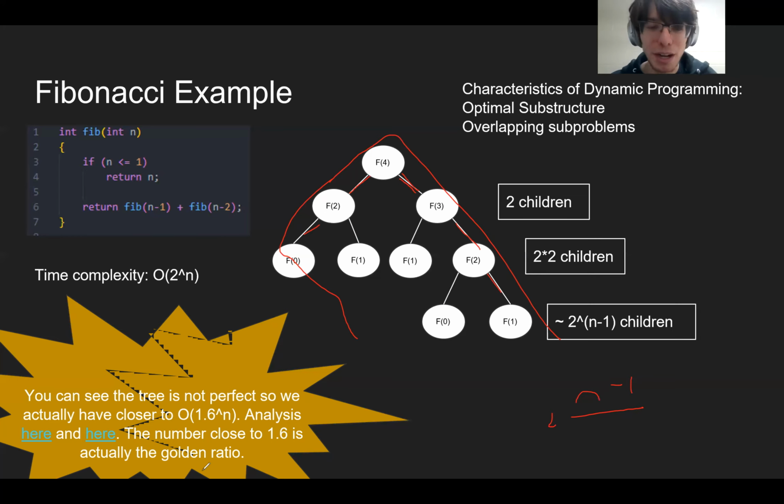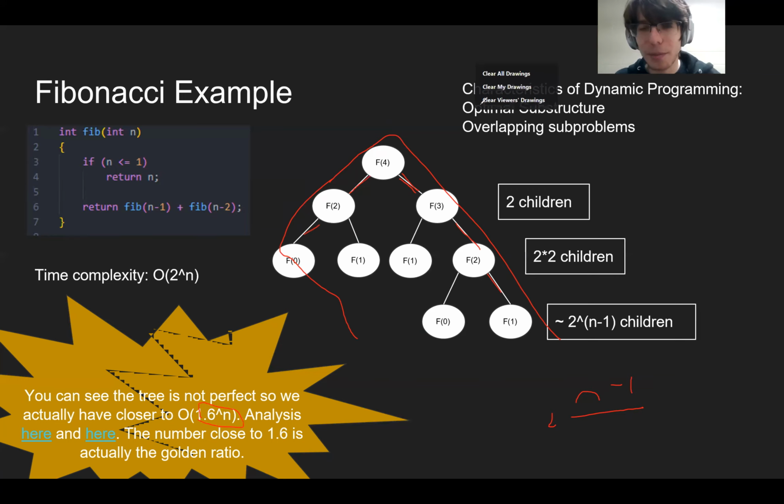What it actually is, is closer to 1.6 to the n, which is still really bad. That's exponential, and that grows exponentially. That's not good. You can look more at the analyses if you want to. That's a lot of things we're doing a lot of times.